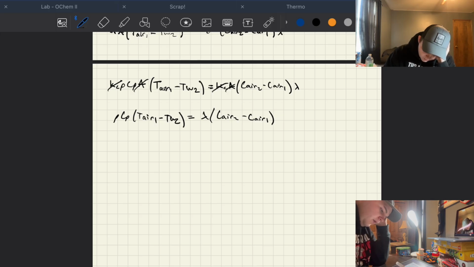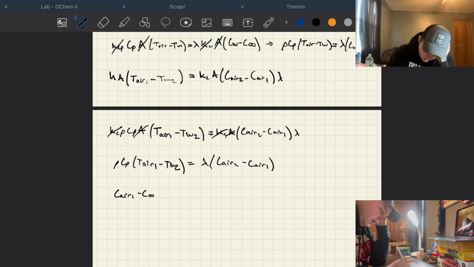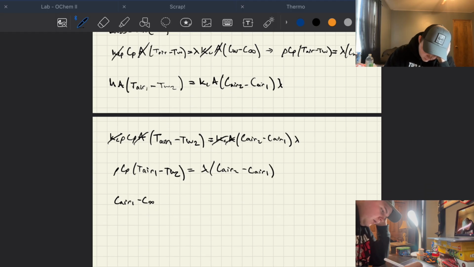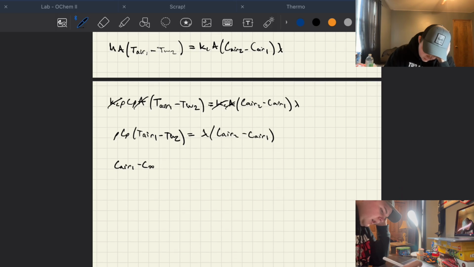Now we need to solve for C air 2 minus C infinity. So when we do that, we'll get C air 1 minus C infinity, and C air 2 is just what we're referencing. This is going to be equal to rho Cp (T air 1 minus T water 2) all over gamma.